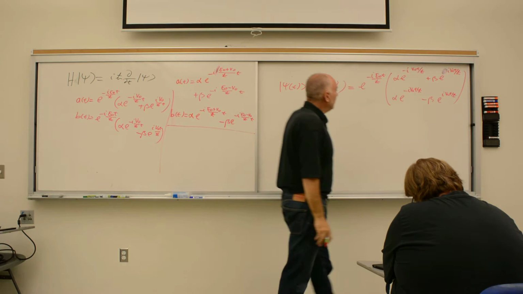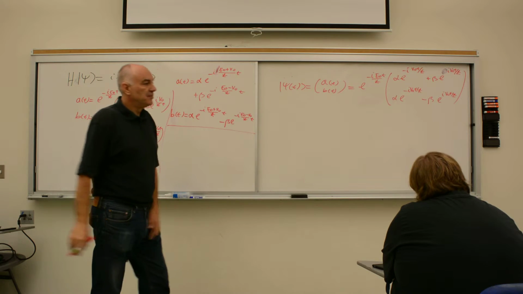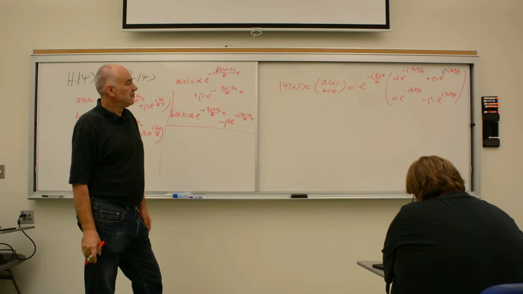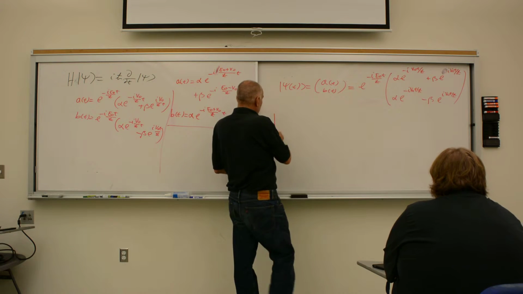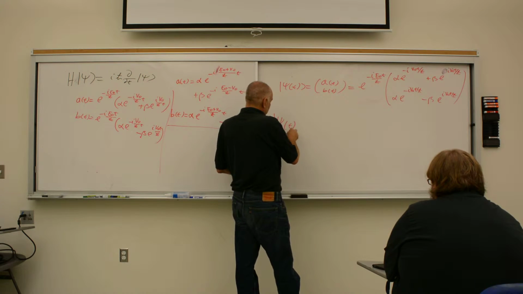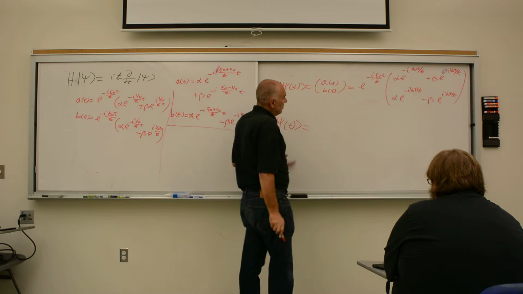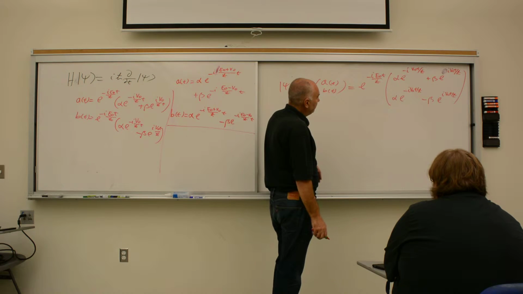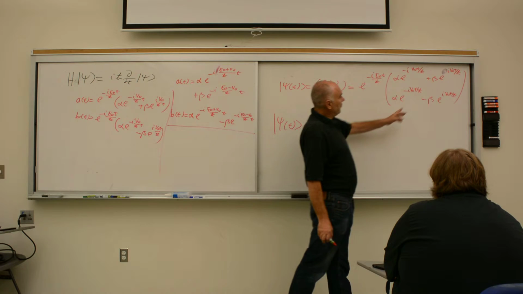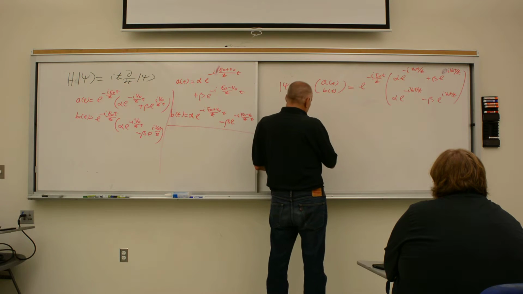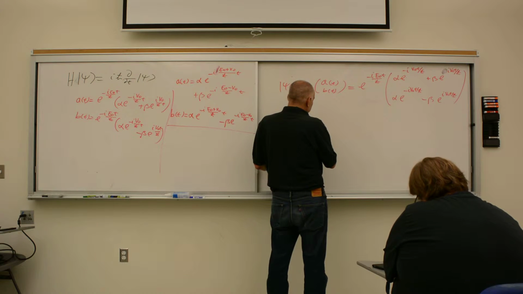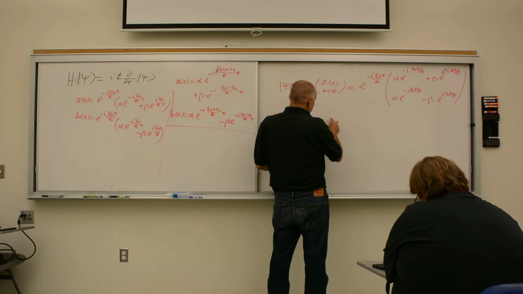So I can split this up into two pieces. So I will have alpha e to the minus i B0 t over h bar.